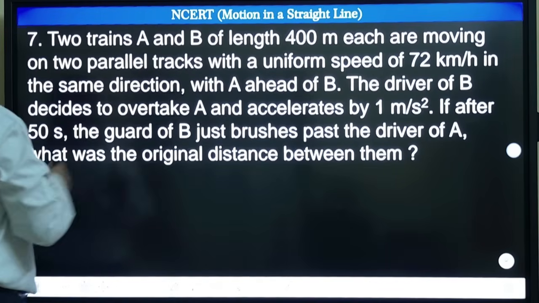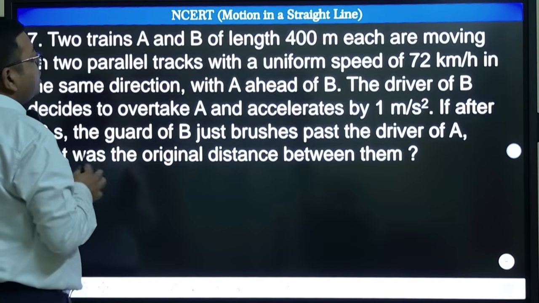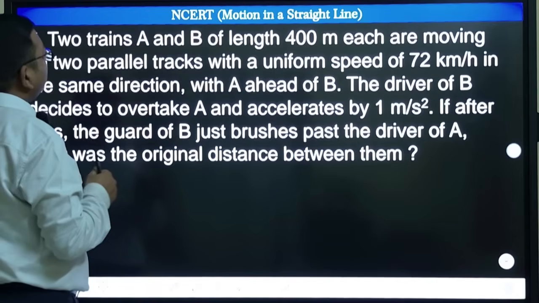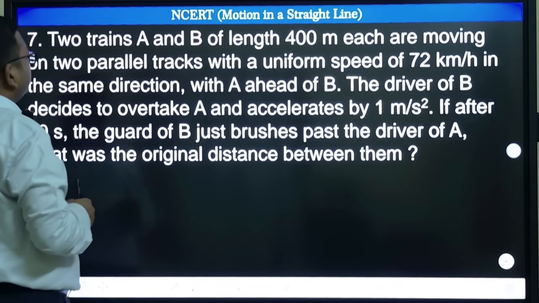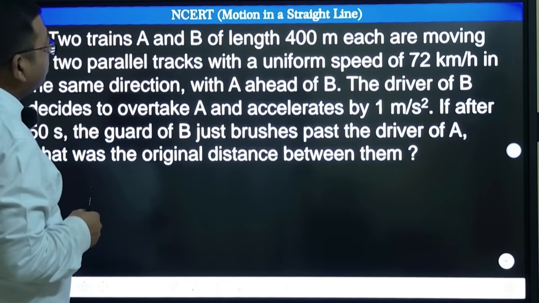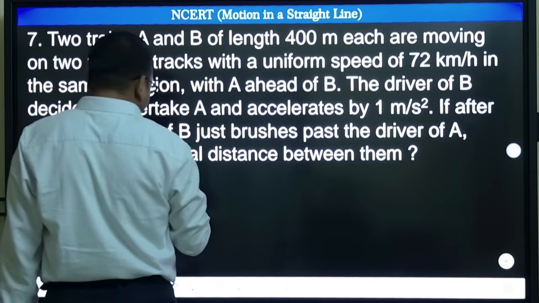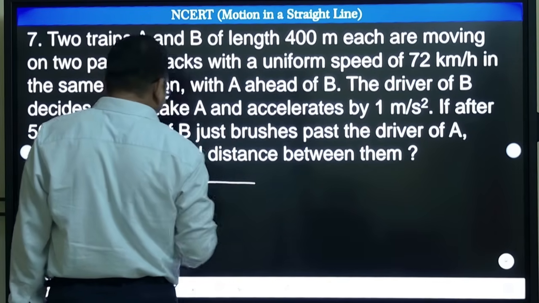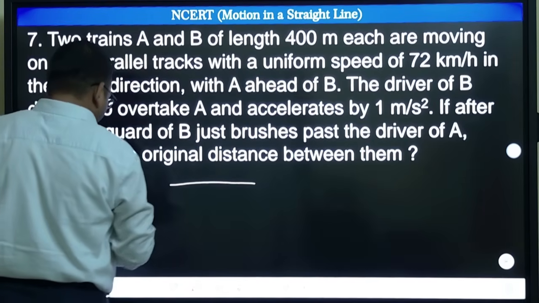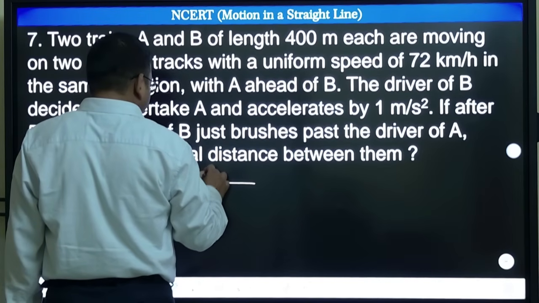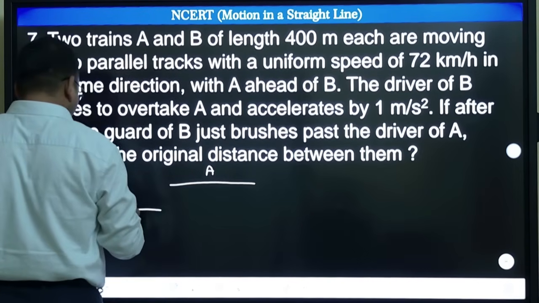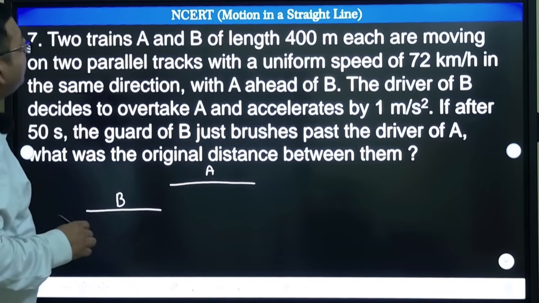Okay. So each has 400 meter, and they are moving on two parallel tracks with a uniform speed in the same direction, with A ahead of B. A is ahead of B. So this is a train and this is another train we can take. So this train is A, and this train is B. Right?